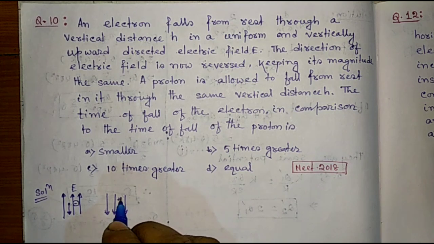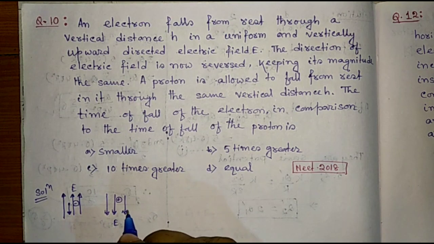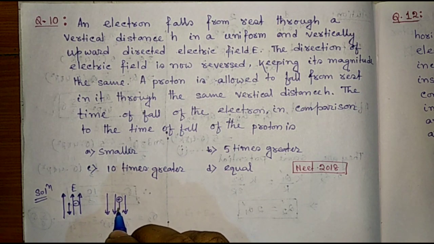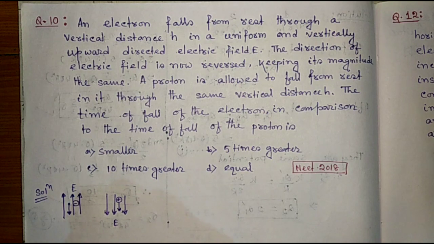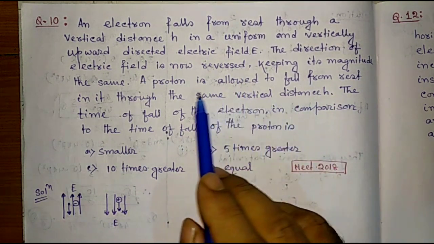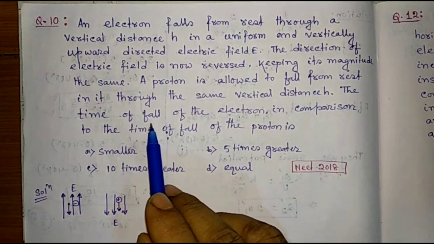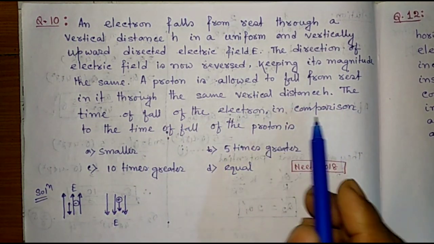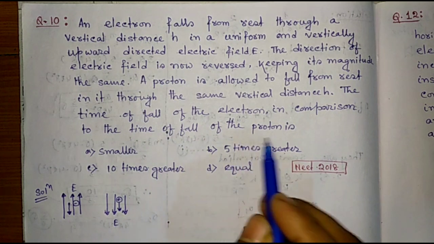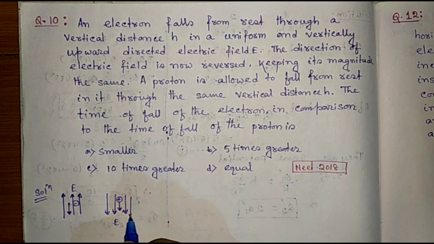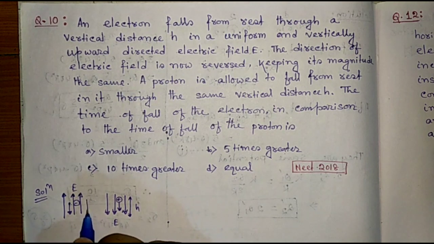Now the proton is falling in the electric field. Then also it is accelerated in this direction. For the same vertical distance h, what is the time of fall of the electron in comparison to the time of fall of the proton? This is the height h.